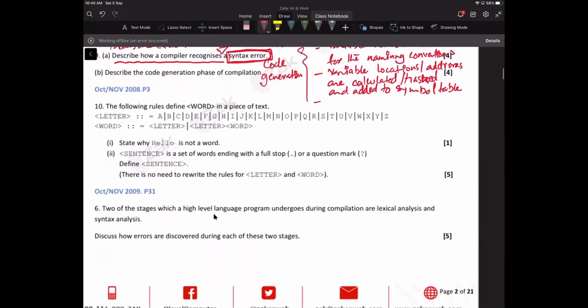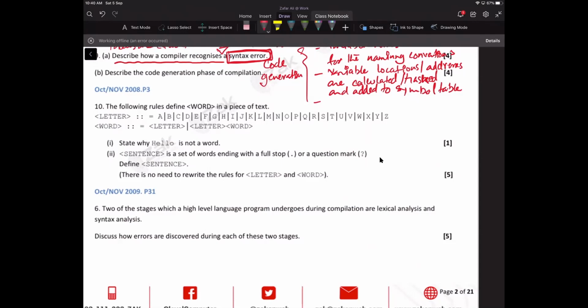We have covered it. Now this is October, November 2008 P3. The following rules define a word in a piece of text. Letters are defined as A, B, C, D up to Z. A word is defined as a letter or letter word, meaning a word may have a single letter or any series of letters.